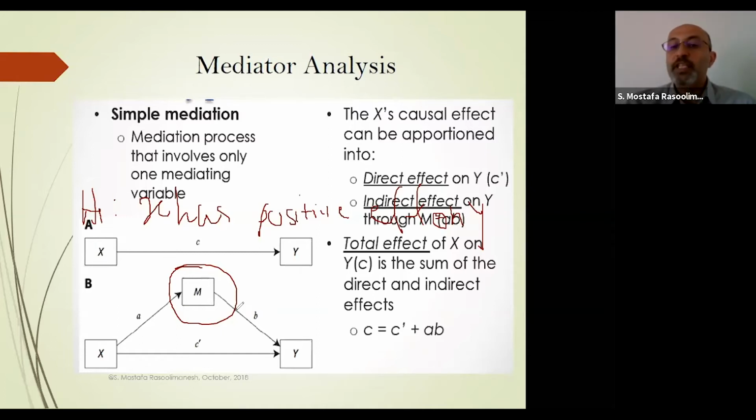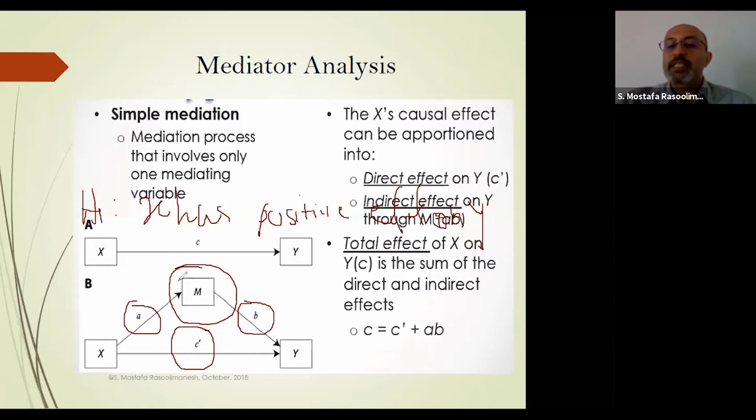So how can we support and justify a mediation hypothesis? For a mediation hypothesis, we need support from theory for these relationships. I'm just talking about hypothesizing mediation. I'm not talking about assessment.